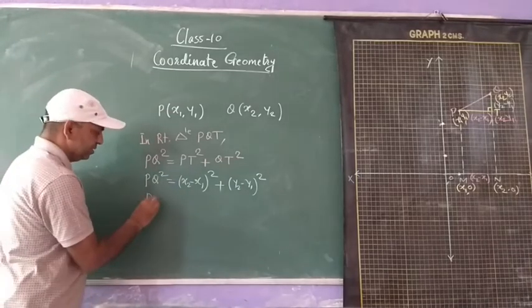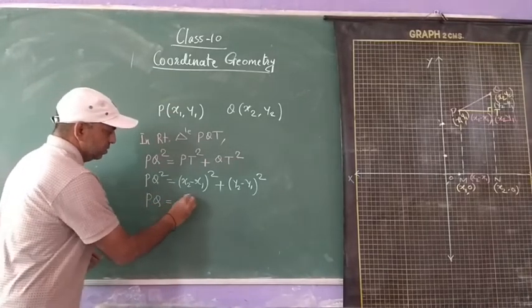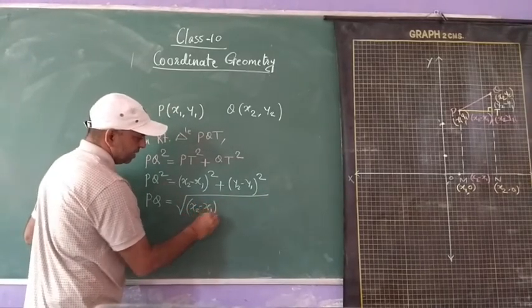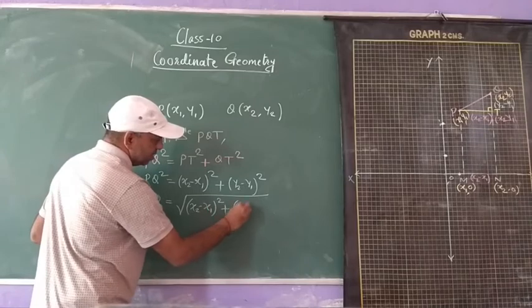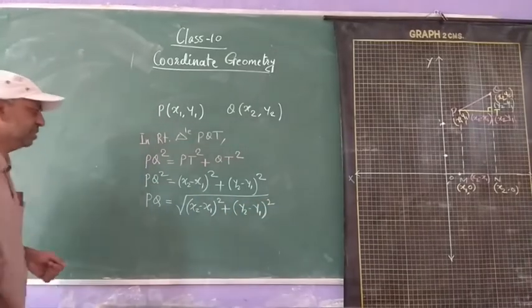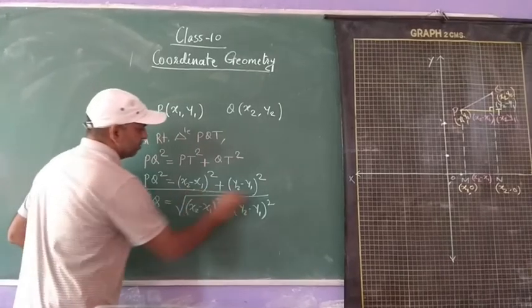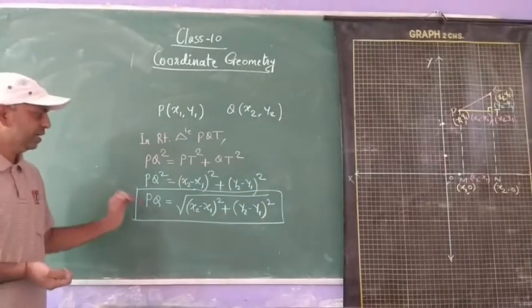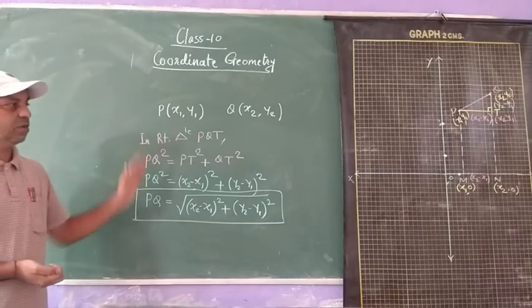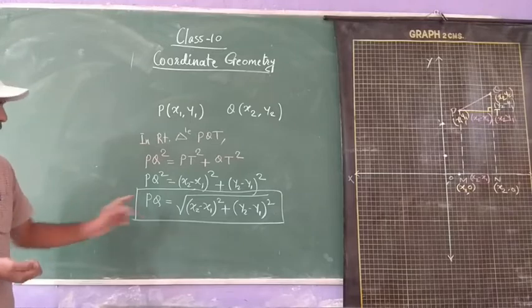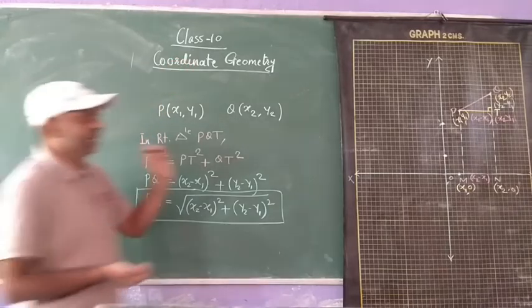Now PQ is equal to square root of (x2 minus x1) square plus (y2 minus y1) square. So this is the distance formula. By this formula we can find the distance between any two points given on the coordinate plane.